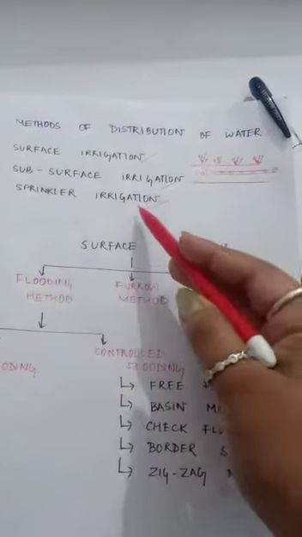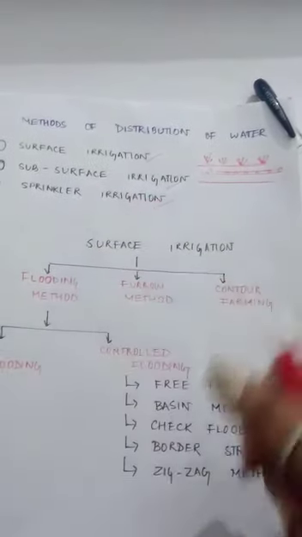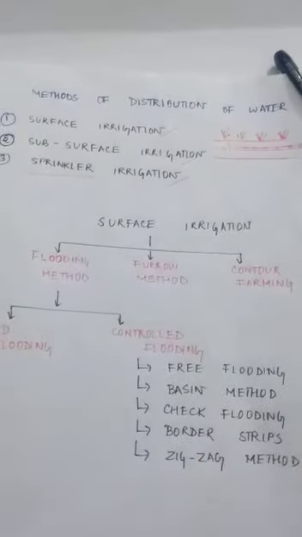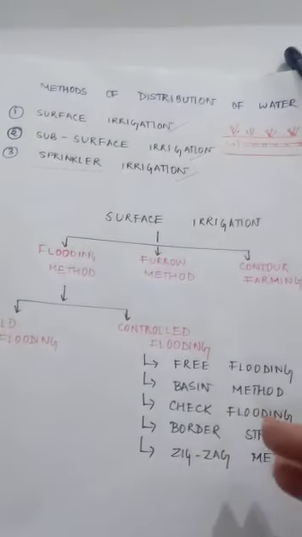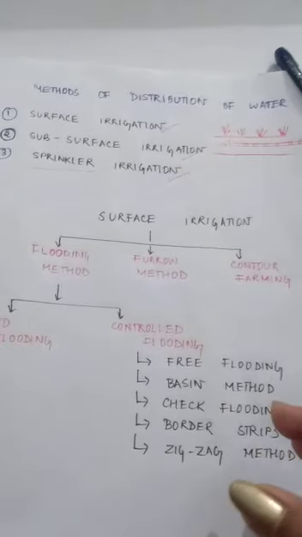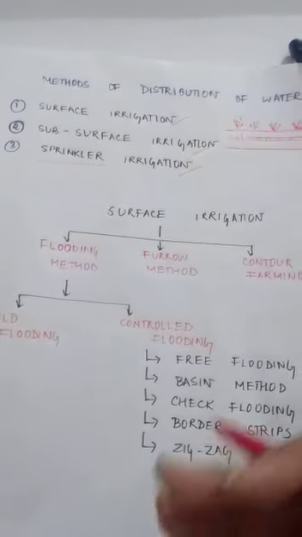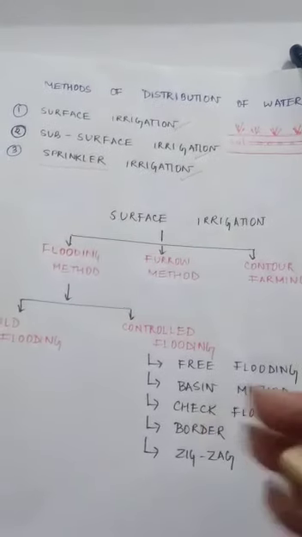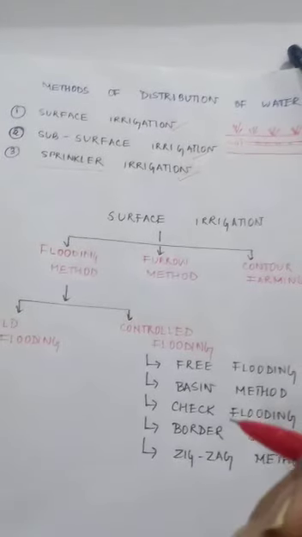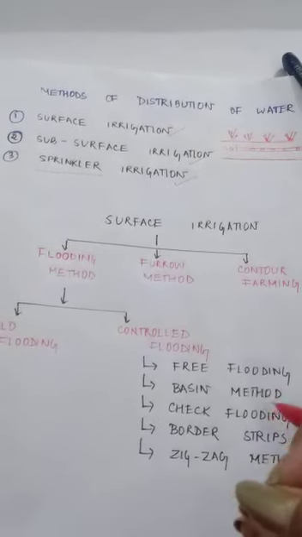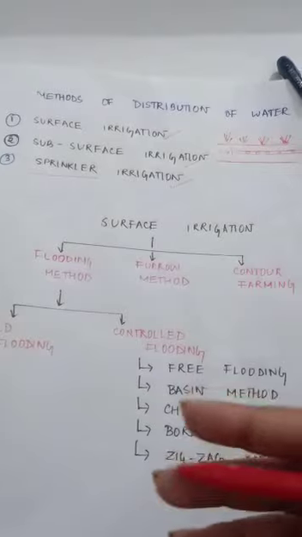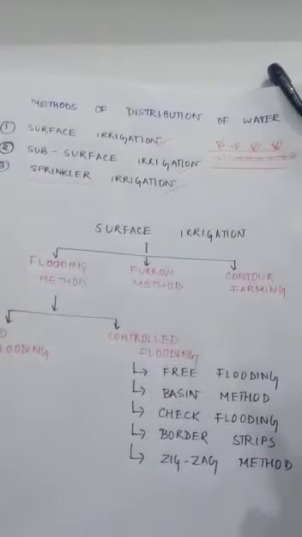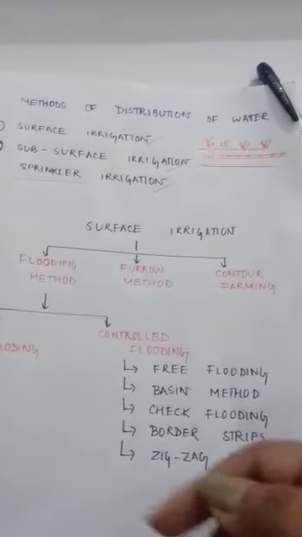The last method of distribution is sprinkler irrigation. Now, what is meant by the word sprinkler? A sprinkler is a device. This device sprinkles water in the form of rain droplets. In this type of irrigation, the water sprinkles in the form of water droplets.